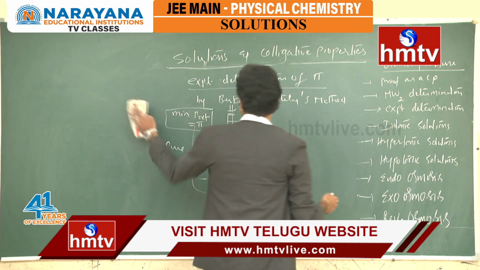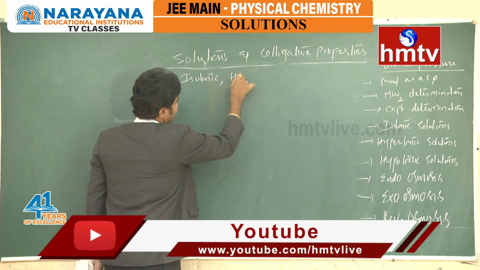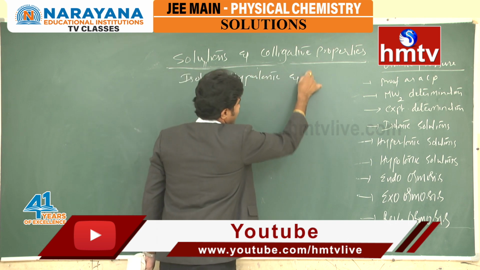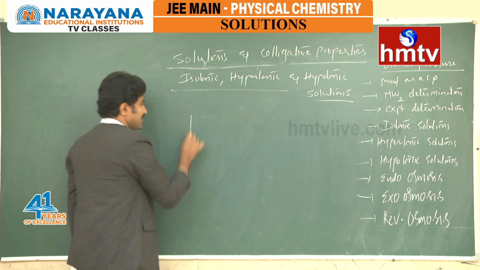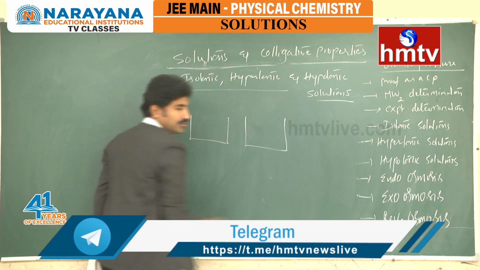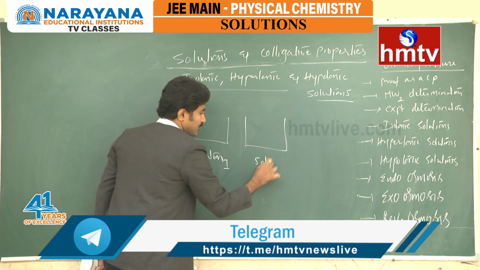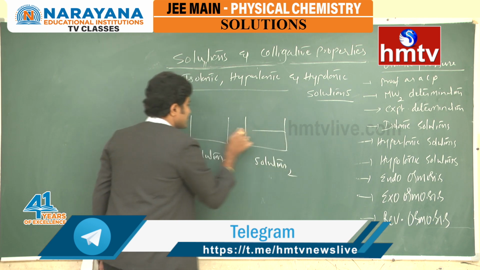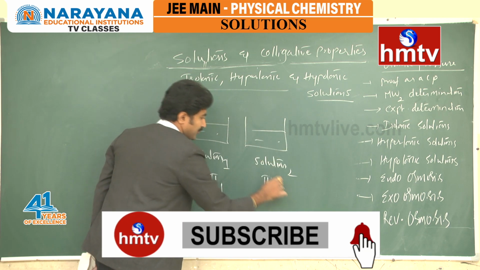Next, what about isotonic, hypertonic and hypotonic solutions? If you compare the osmotic pressure of two solutions, this is solution 1 and this is solution 2. They have some osmotic pressure, pi 1 and pi 2.